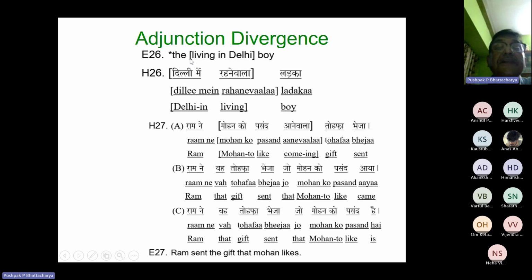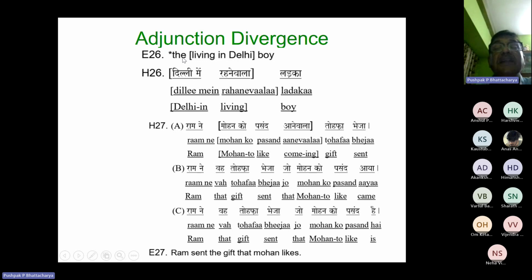So the incorrect Hindi sentence, English sentence, the star indicates incorrect. The living in Delhi boy, Delhi में रहने वाला लड़का. So Delhi in living boy. So this is an example of an adjunct. Living in Delhi is an additional piece of information.